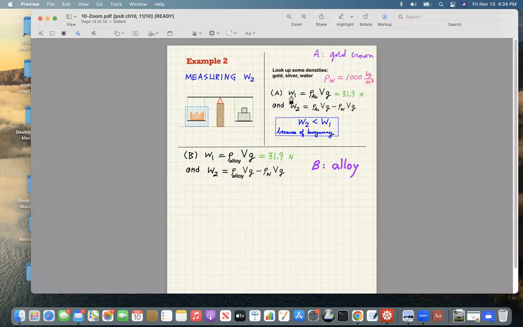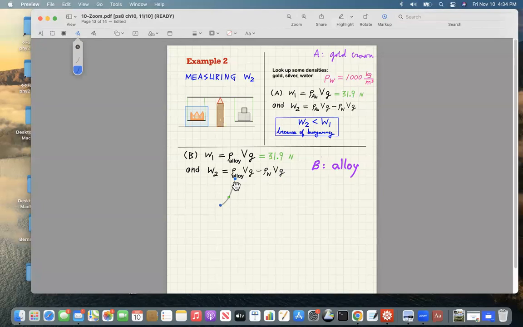So now you know V. And then the second equation, the second measurement, W2, so it has some value of W2, that will tell you the unknown quantity, and the algebraic expression will be the density of the alloy.